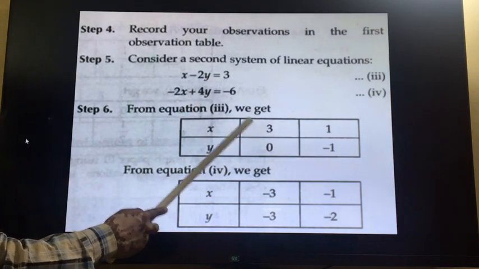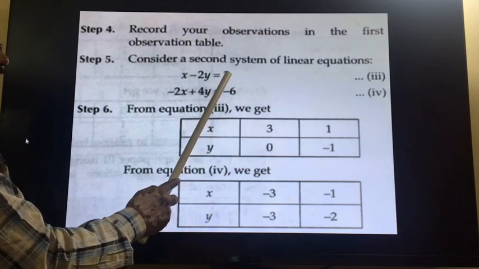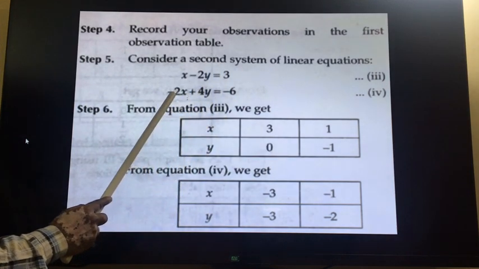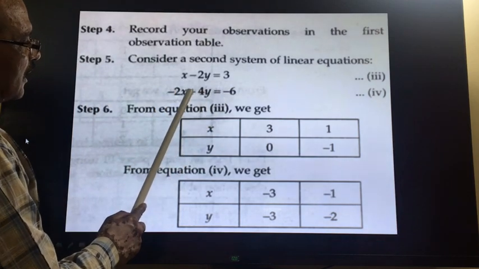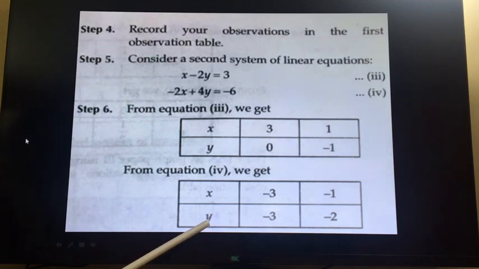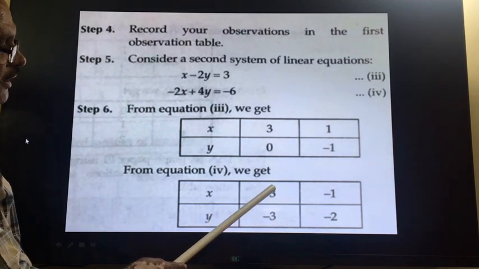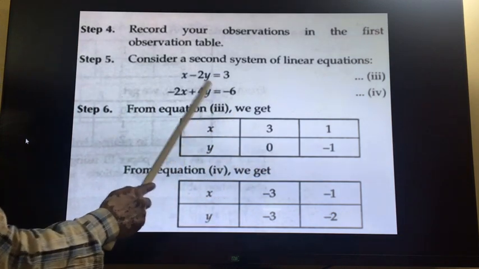So x will be 3. For y is equal to -1, x is equal to 1 from the first equation. From the second equation you can divide each term by 2 because all the numbers are divisible. After that we can put these values in place of x and we will get the corresponding values of y. So we will get two tables for these two equations.